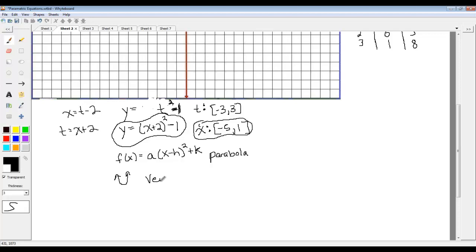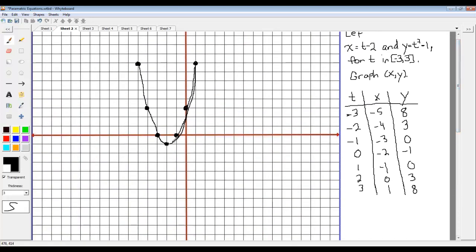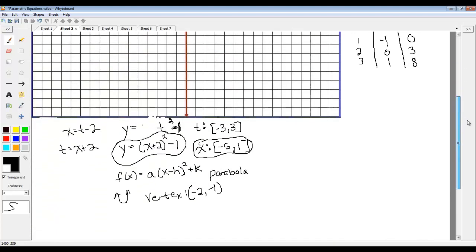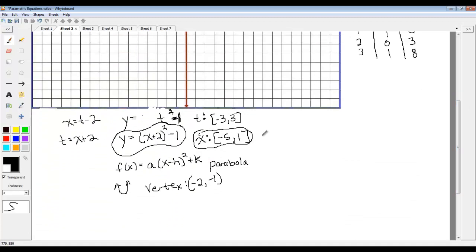Then the vertex is supposed to be at -2, -1. If you come up here and look at our parabola, it has a vertex at -2, -1 right here. And it's concave up. It holds water. So whether you have it in parametric form or in rectangular form, you end up with the same graph.